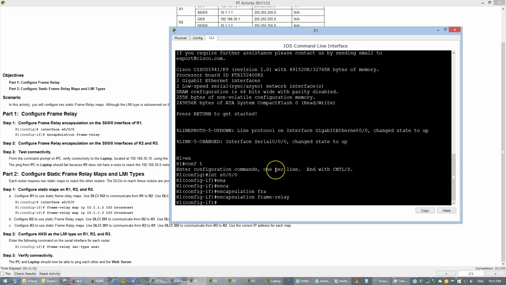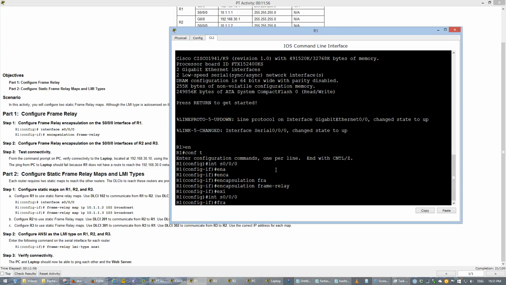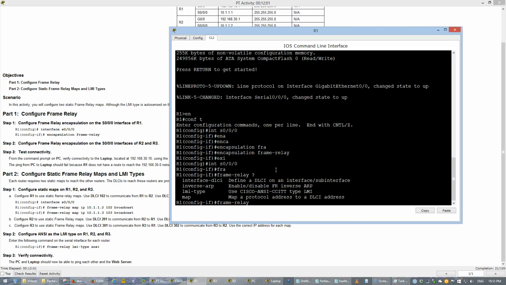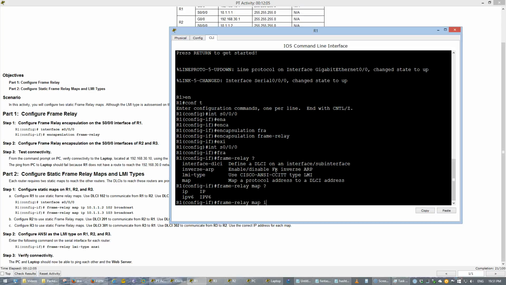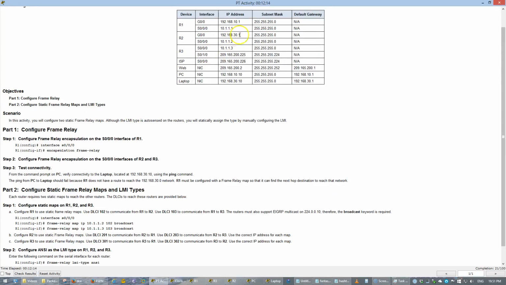Going back to R1, the command is frame relay. Just use the help. Map IP. Okay? This is going to be the remote IP. The 10.1.1.2 is going to be router 2.